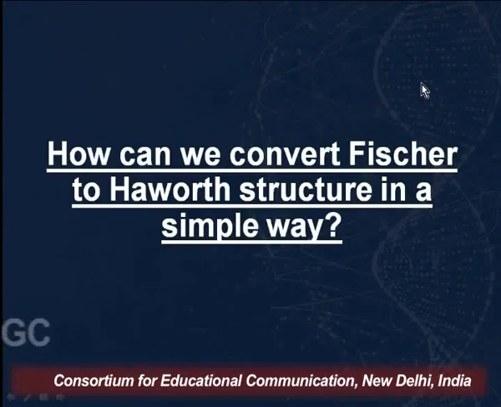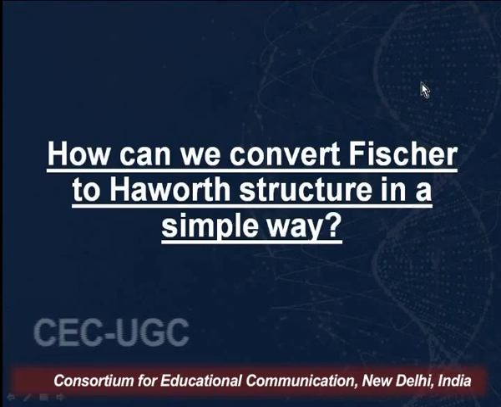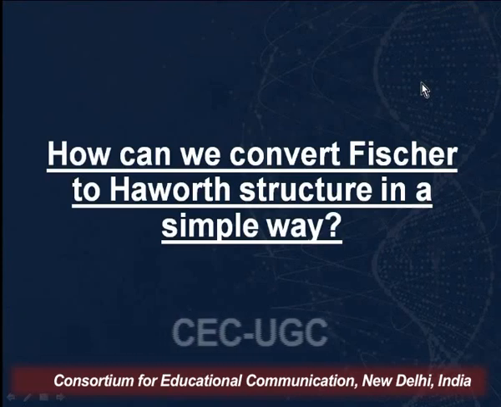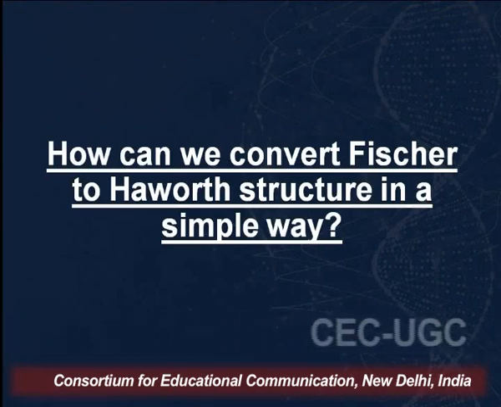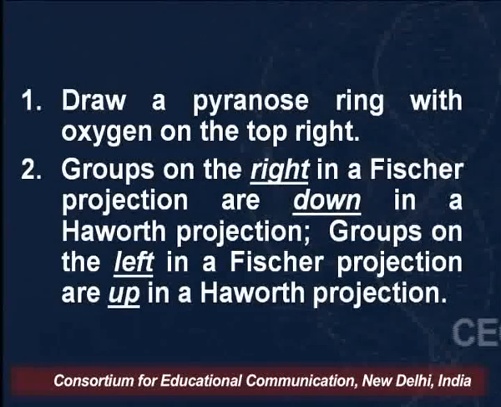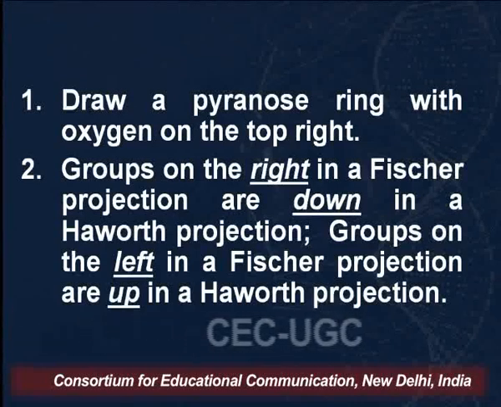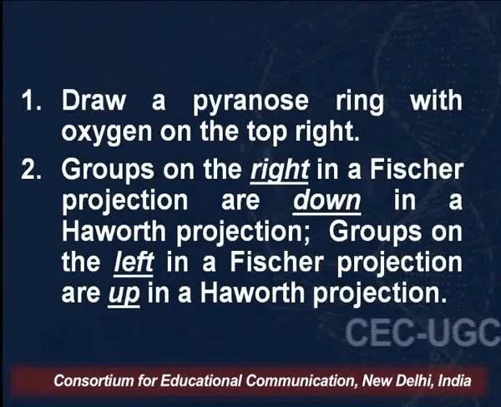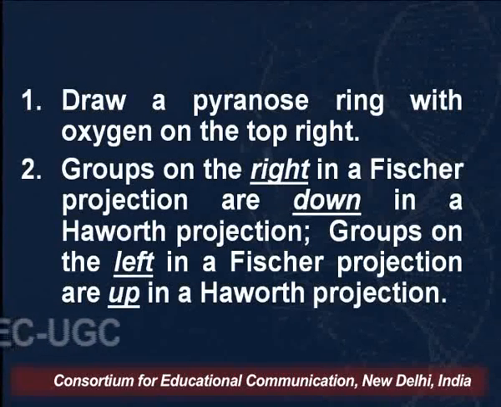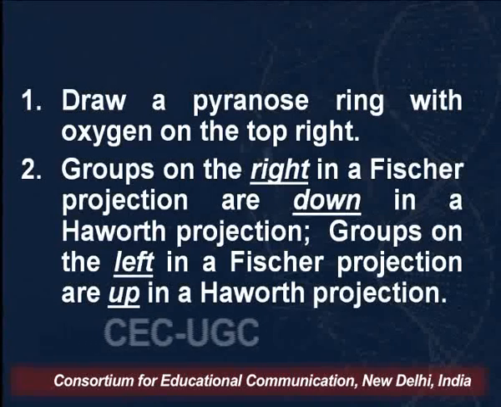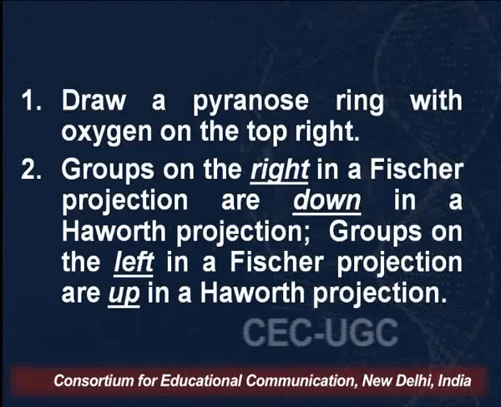So now the question is, how can we convert a Fischer projection to a Haworth structure in a simple way? There are some tricks in which you do not have to go into the mechanism of the reaction in detail, which I had discussed in one of my lectures on structural aspects of carbohydrates.